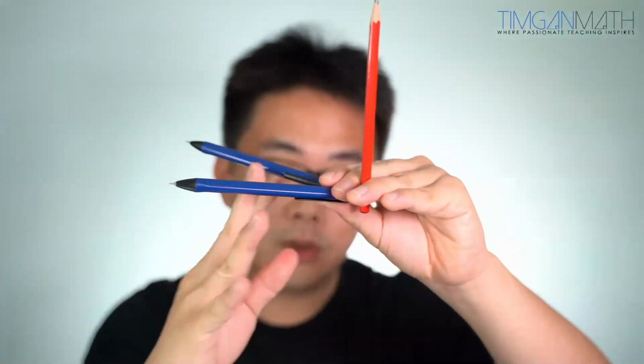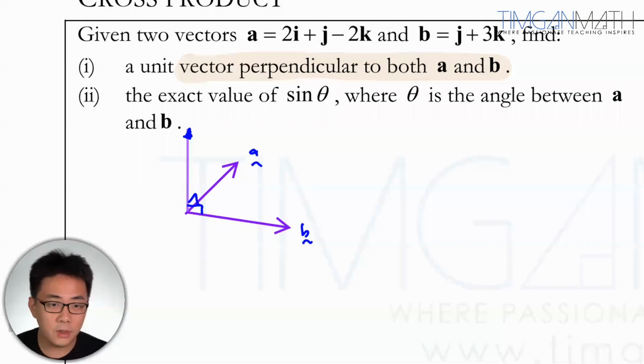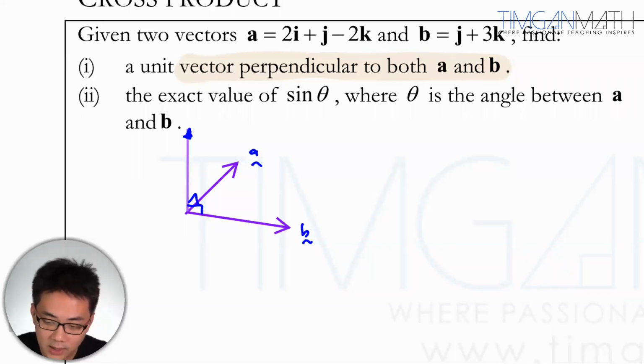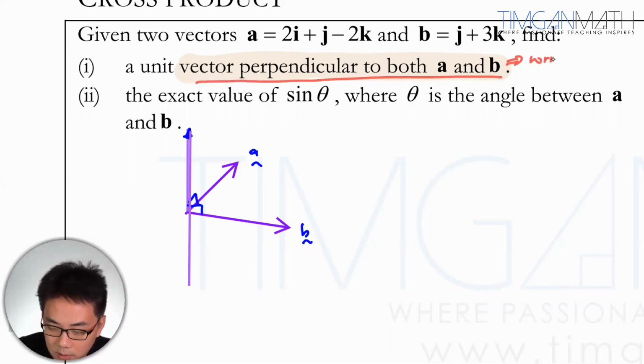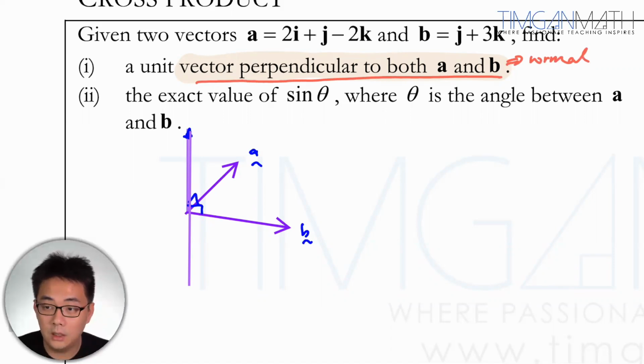Just take note, because now we're dealing in three dimensions, the direction which is perpendicular to both will be the normal. Is that okay? Does it make sense? Because it's three-dimensional, it has to be pointing upwards.